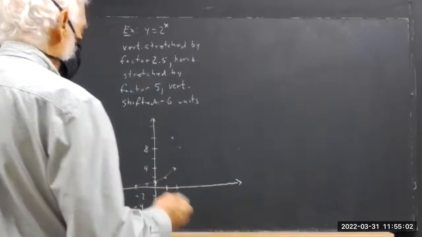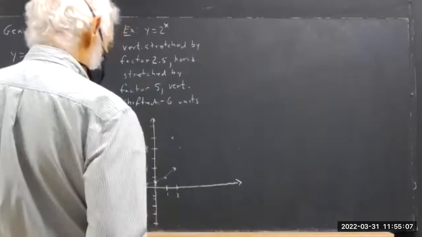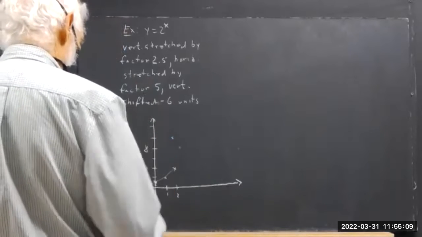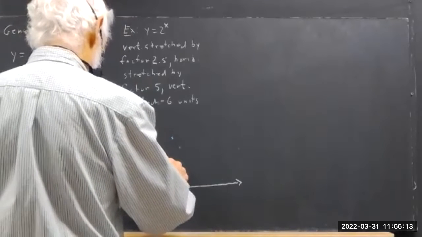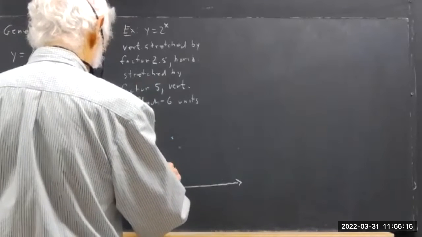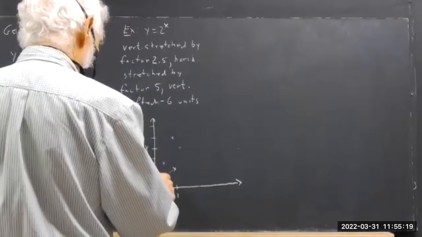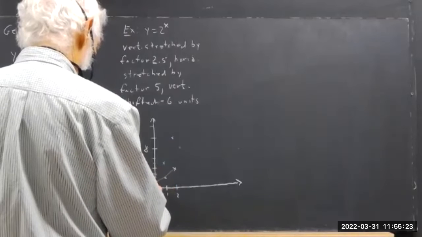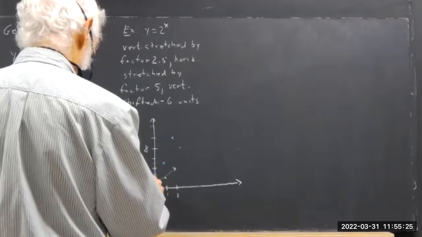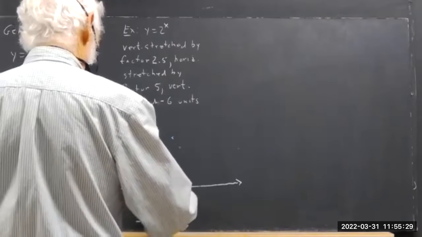Vertically stretch this, meaning I multiply the y value by 2.5, which moves the point 2.5 times as far from the axis. We were at 2, so we end up at 5. One will go to 2.5. Well, there's 2, there's 3, so there's 2.5. And 2.5 times 1/2 is this. 2.5 times this is this.